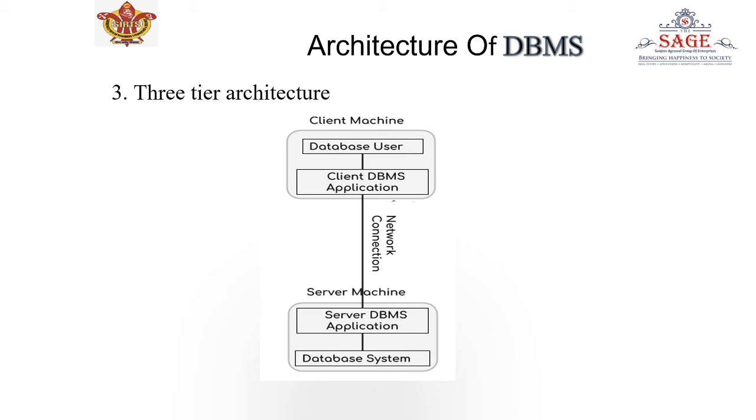Rather, the client applications communicate with the server applications, and the server applications internally communicate with the database system present at the server. Okay, so as we can see here in the diagram, the client machine does not communicate directly with the database system present at the server machine, as we can see in this figure.